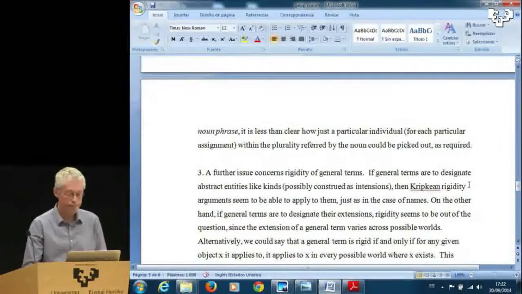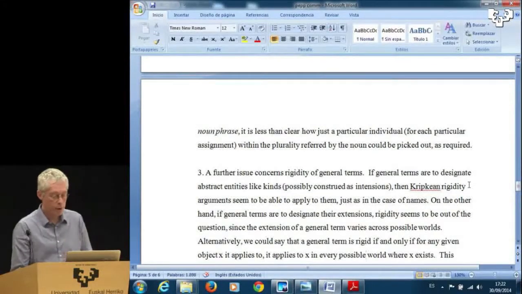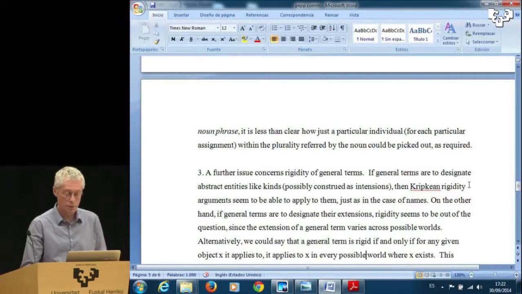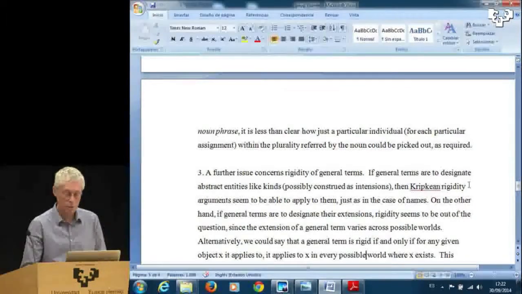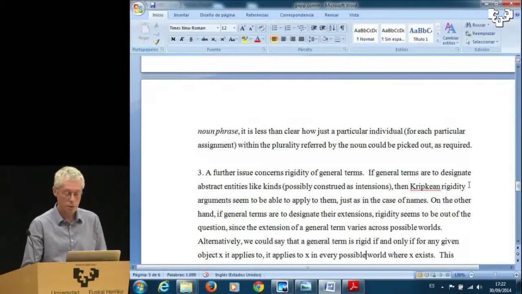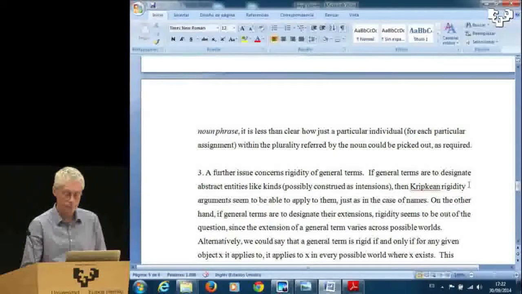Section 3. A further issue concerns rigidity of general terms. If general terms are to designate abstract entities like kinds, possibly construed as intentions, then Kripkean rigidity arguments seem to be able to apply to them, just as in the case of names.